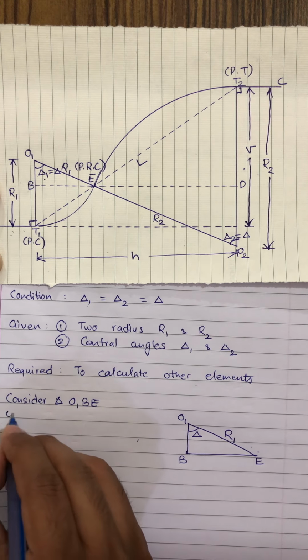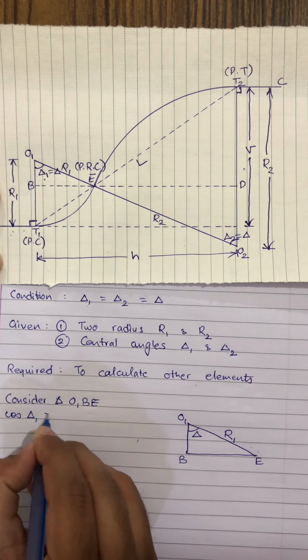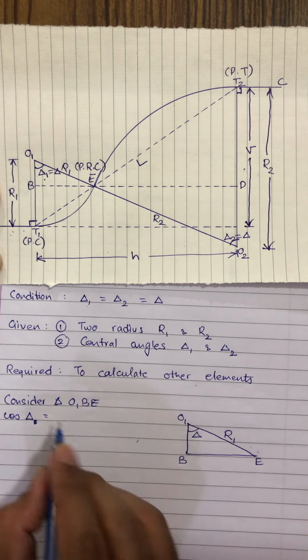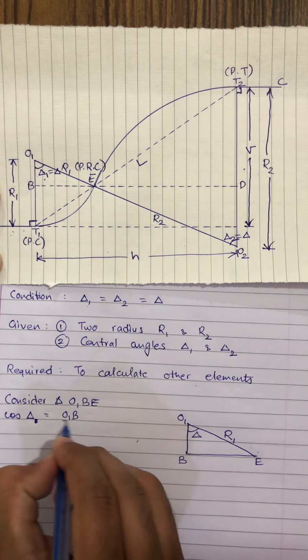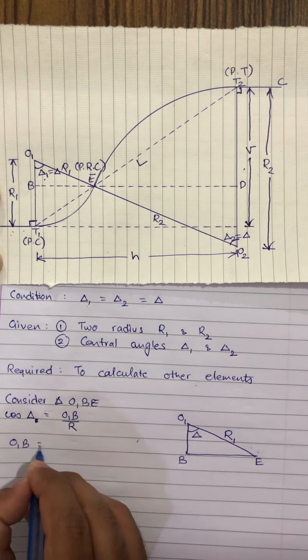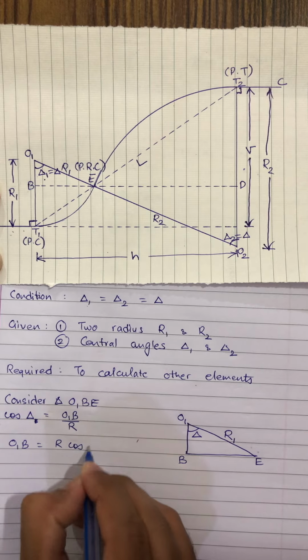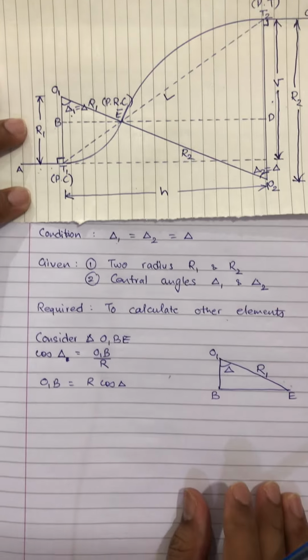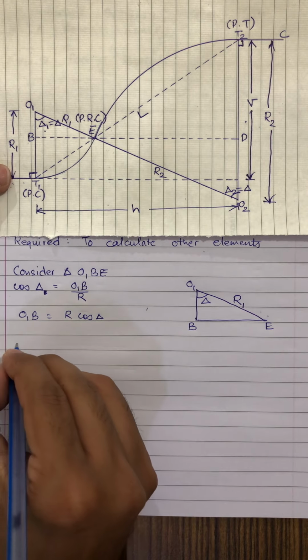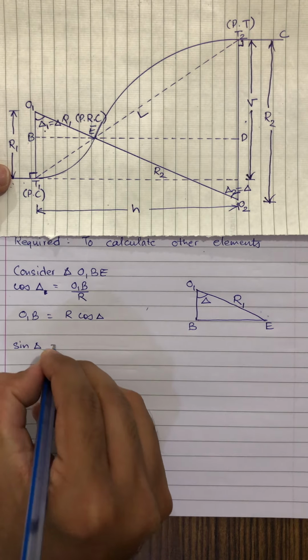So what will be cos delta? Cos delta will be equal to adjacent upon hypotenuse, that is O1B upon R. So O1B will be equal to R cos delta. Again, what will be sin delta?